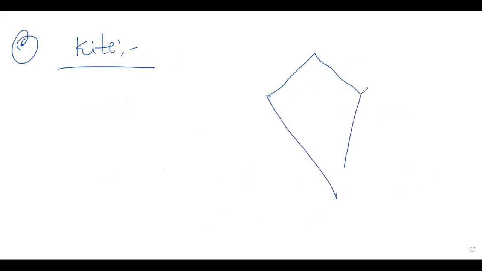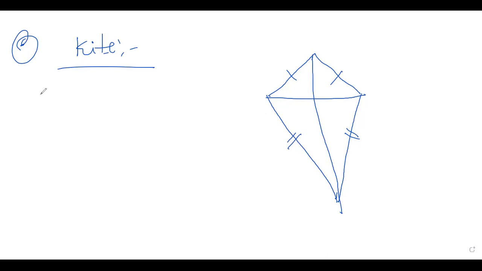And the last one is kite. You have all seen a kite, what shape is it? So it will be in the shape, yes, like this, right? See, this is a kite. Here, these two sides are equal and these two sides are equal. In the upper portion these two are equal, and the lower portion sides are equal.